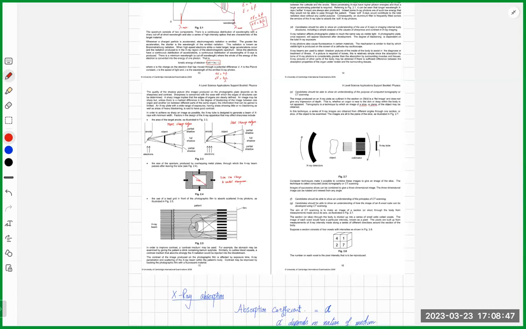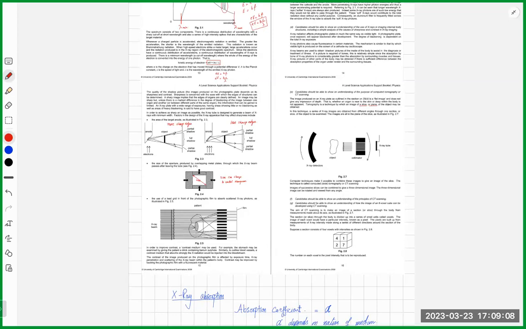If white has multiple shades and black has multiple shades and there are gray areas, that means it has low contrast. Contrast can be controlled by the hardness of the X-ray beam.